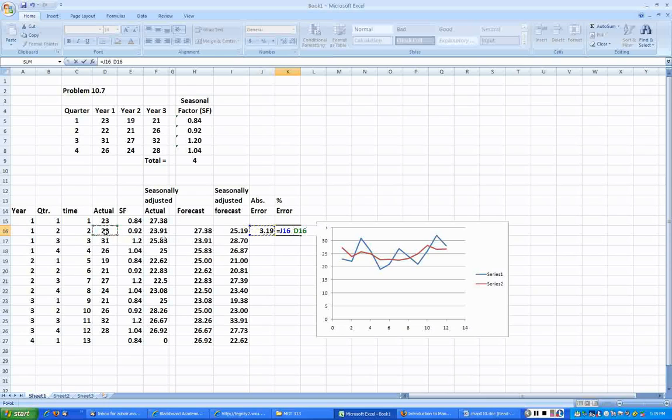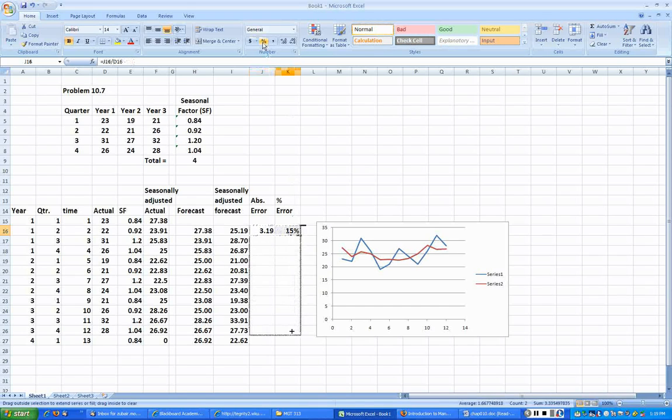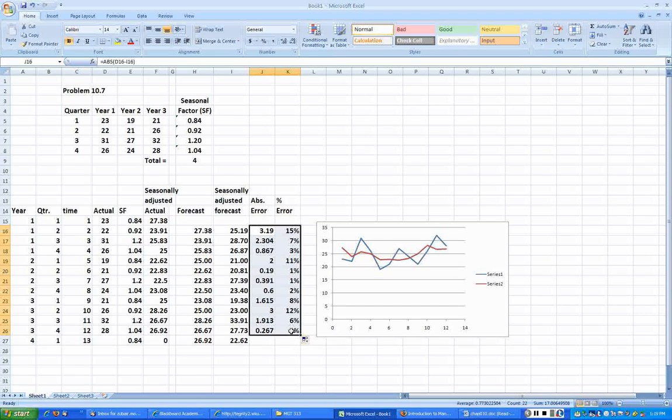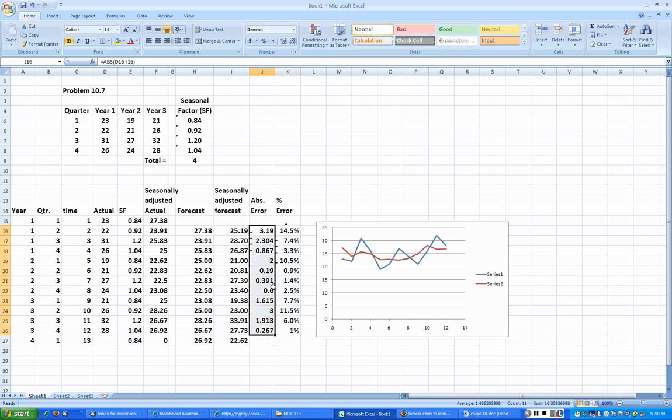Actual is that, express that as a percentage. Let's copy both of these formulas down. So that's what we have. Let's increase the decimal size, 11.5%, and here let's maybe decrease to 2 decimal places.